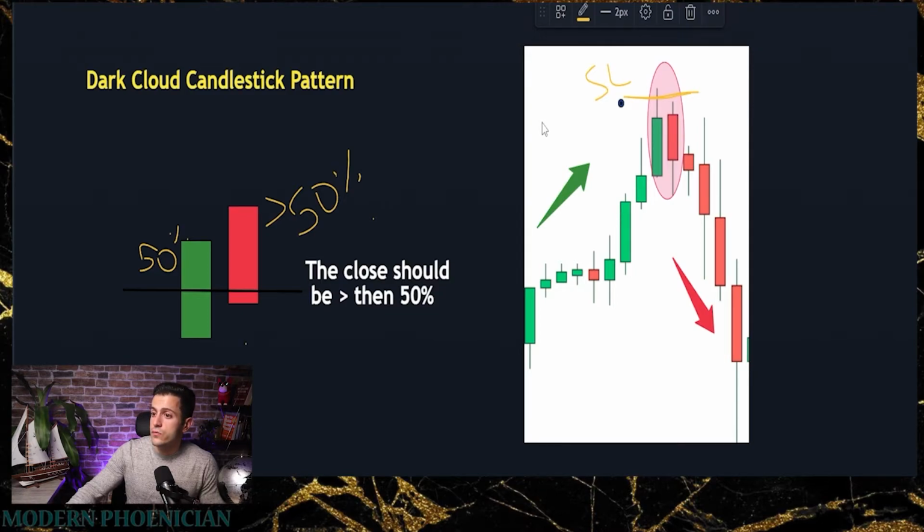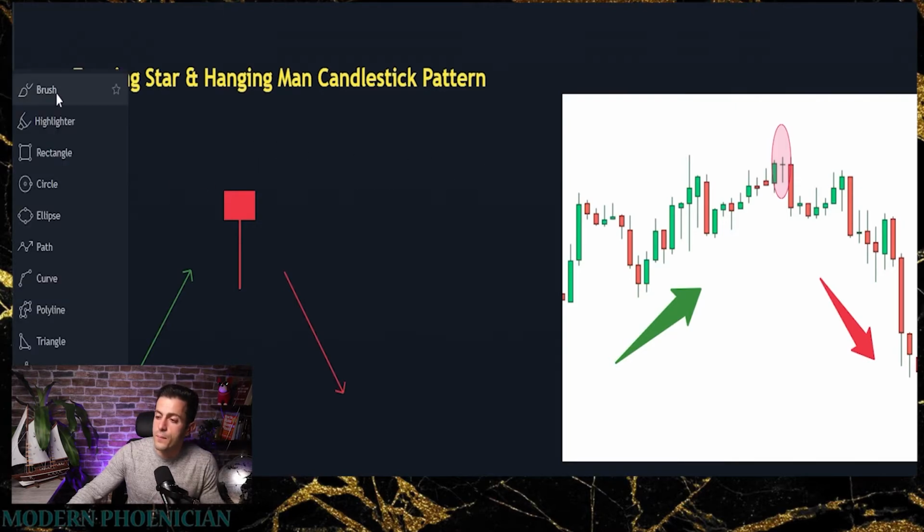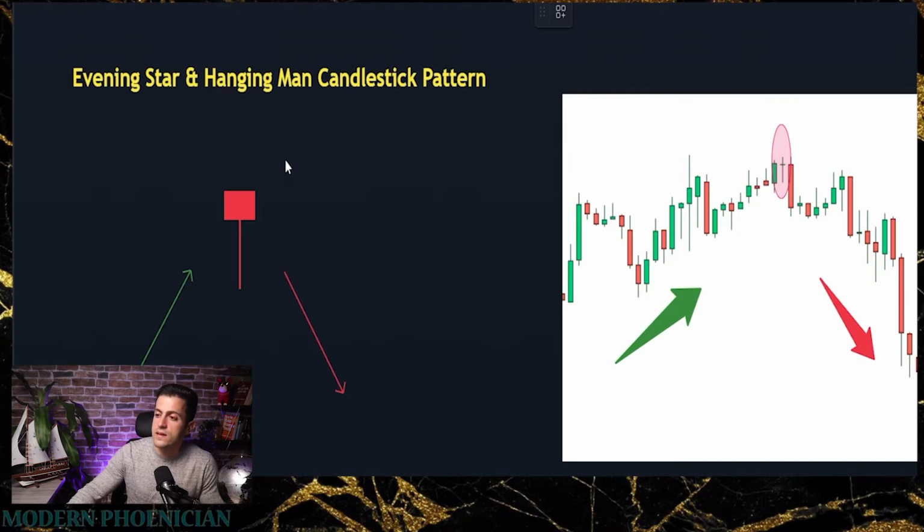Moving on now to the evening star. Evening star candlestick patterns. It's quite obvious that it comes at the top of the movement. After a long bullish movement, you see that the buyers are getting a little tired and the sellers are taking over, but we never enter this trade before the close of the third candlestick, which most probably will tell us that we have strong sellers coming into the market and the volume has to increase.